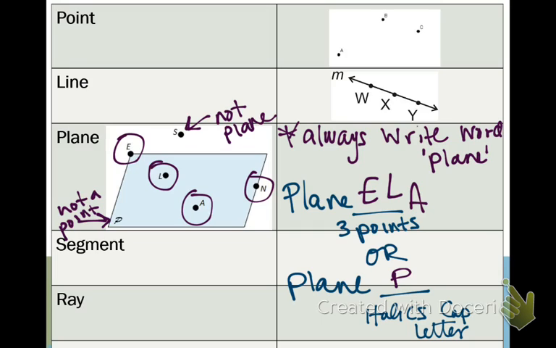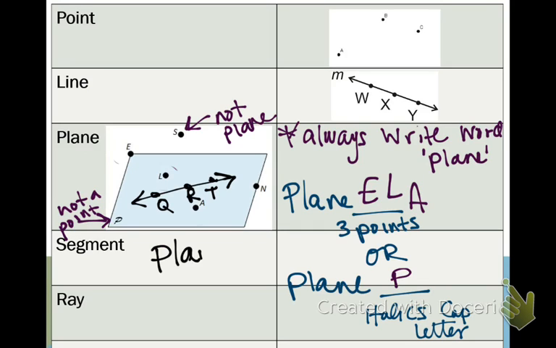There's one last thing I would like to point out when naming a plane. I'm going to draw on this. You can't draw on yours, but I'm the teacher, and I just need to show you an example. Let's say we had Q, R, T, we already have an S. You could not name it plane QRT. You can't name it any variation of plane QRT.